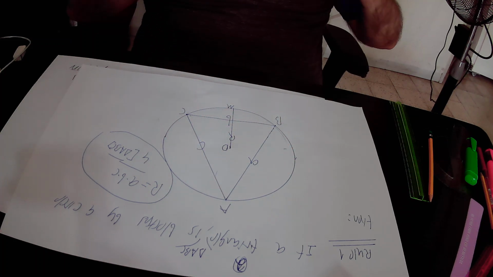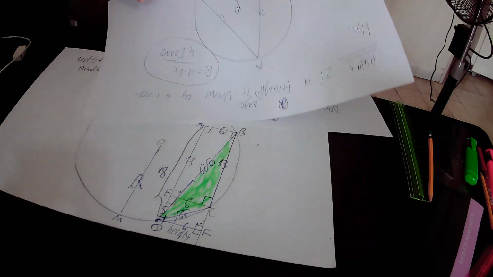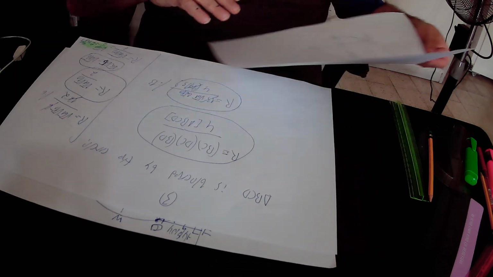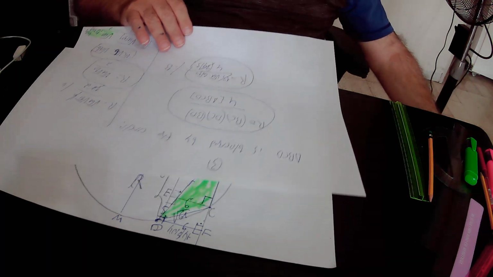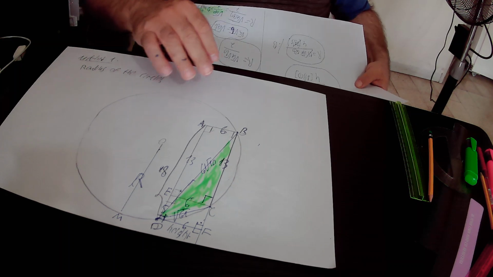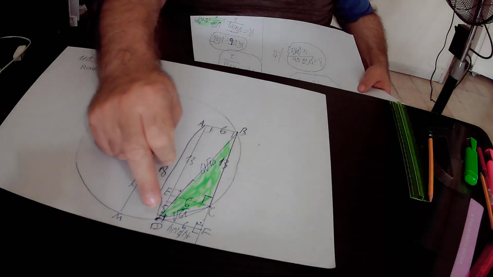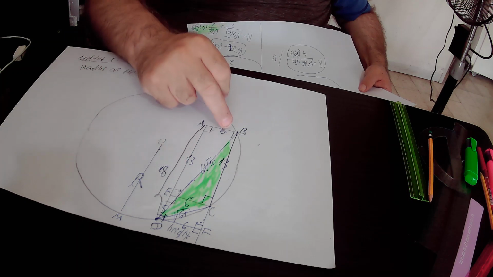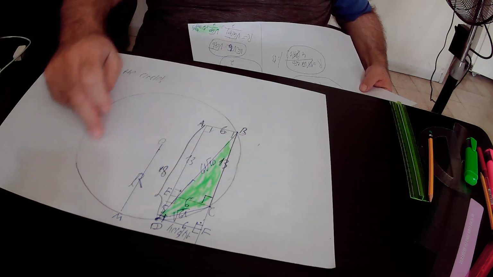So we actually can implement rule number 1 in our drawing. Why? Because in our drawing we have the green triangle, triangle BCD. This triangle BCD is blocked by this circle. Why?